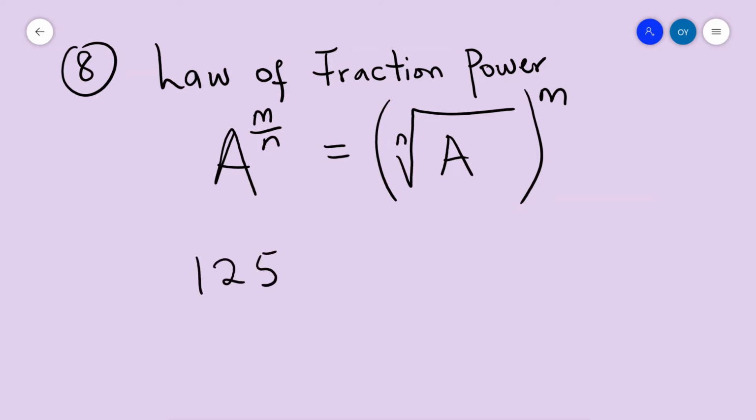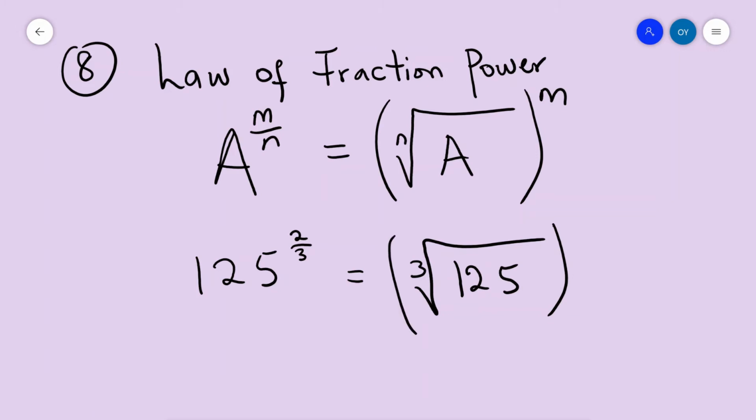An example here is 125 to the power of 2 over 3. So here it means we're looking for the cube root of 125 all to the power of 2.